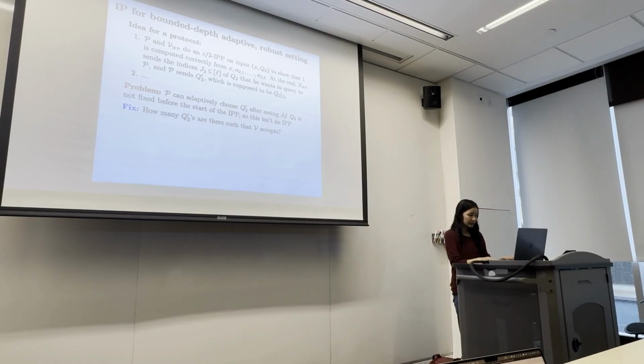And so the idea to fix this problem is we're going to ask, how many Q2 primes are there actually such that V would accept? So in order for V to accept, notice that Q2 prime has to be correctly computed from some string that's epsilon over 2 close to Q1. So this gives us at most sum from I equals 0 to epsilon L over 2 of L choose I possibilities.